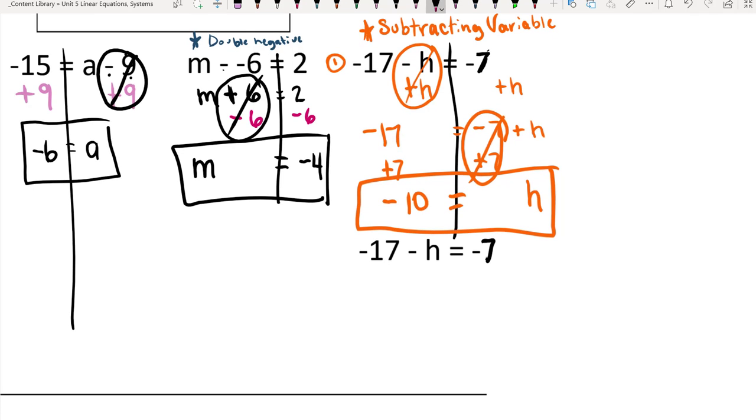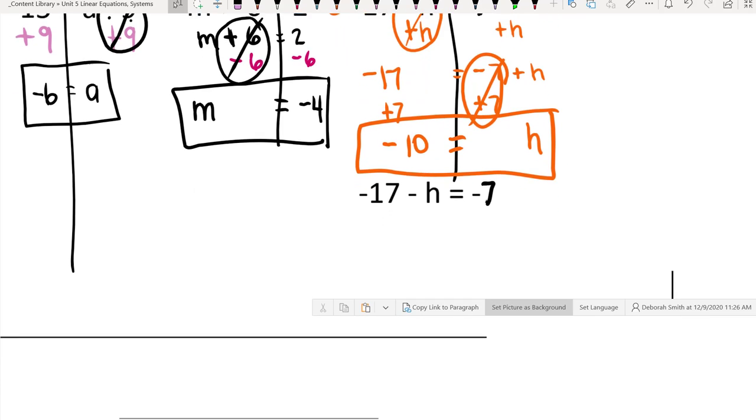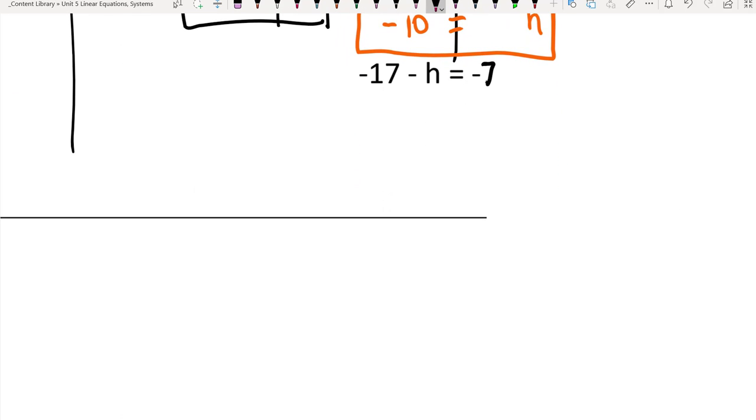Option 2, this other way that we could solve this equation. I'm going to draw my line at my equal sign here. We could just go ahead and say, okay, I know that I need to get rid of this negative 17 that's with my variable.